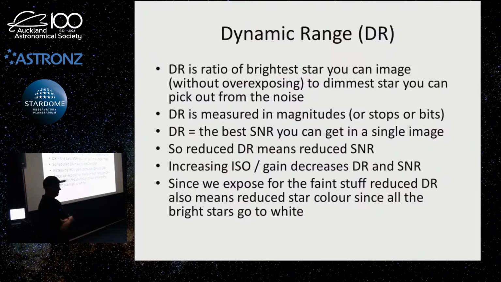So it's the intuitive concept of the difference between the brightest and the dimmest that you can see. Now, the difference between the brightest and the dimmest is measured in various ways. It can be measured using stops, or EVs, or decibels, or the most useful measure for us, star magnitudes.